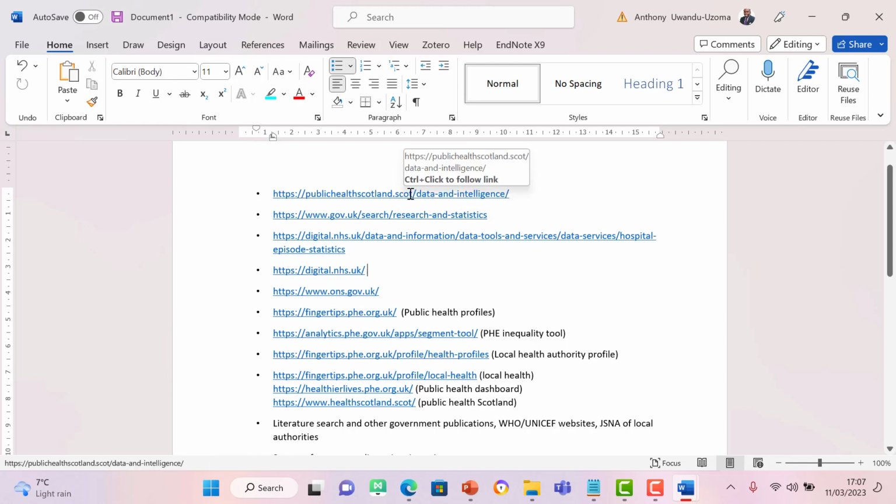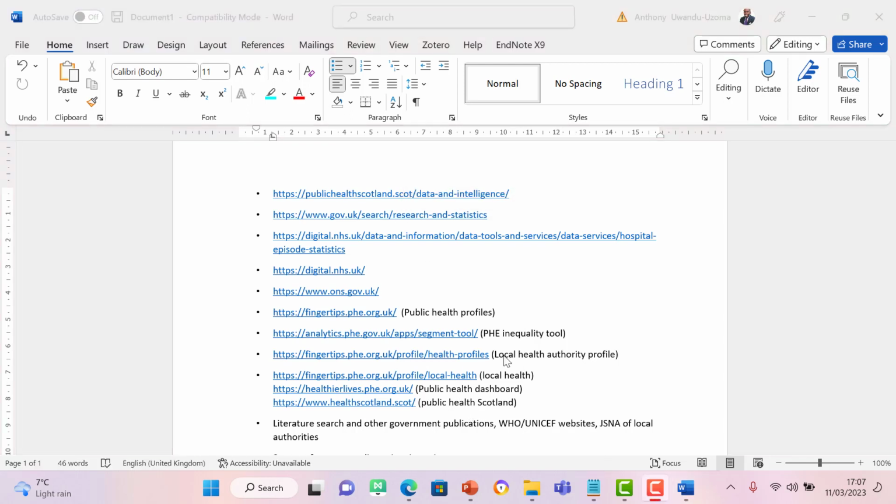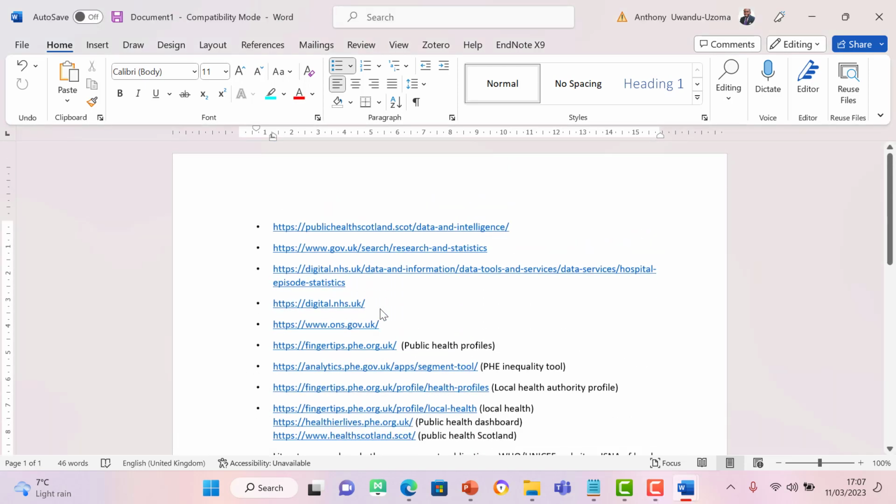So try and check out these links, click on them, explore them, and see how you can search for your topic. When you get to these websites, go to the search bar, enter your topic, and you will see some statistics, data, and records. Try and retrieve them, and let's see if you have any challenges.